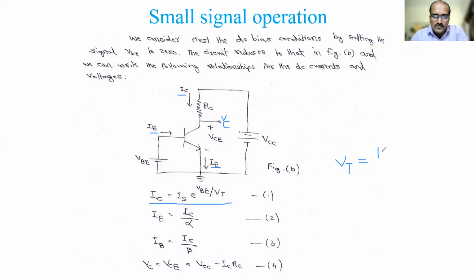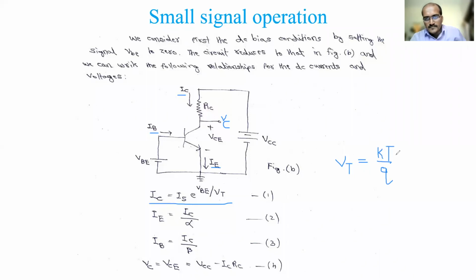That's why this thermal voltage will be there along with the collector current, which is given as VT equals K times T divided by Q. You may have gone through this in the ED subject. K is the Boltzmann constant, which is available from your calculator. It is 1.38 times 10 to the power minus 23. T is temperature in Kelvin, given as 273 plus the temperature in degrees Celsius.